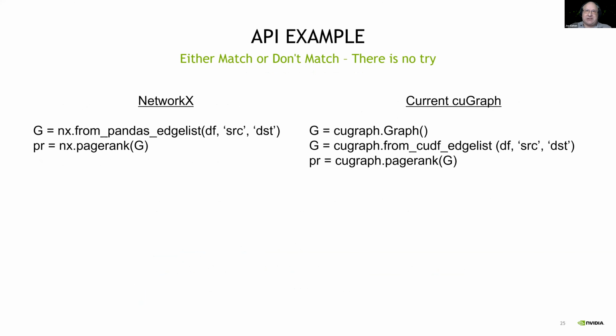So here's an example of how cuGraph compares to NetworkX. In NetworkX, you take an edge list, say a COO list of edges, source and destination, in a data frame, and you can build a graph from that data frame.